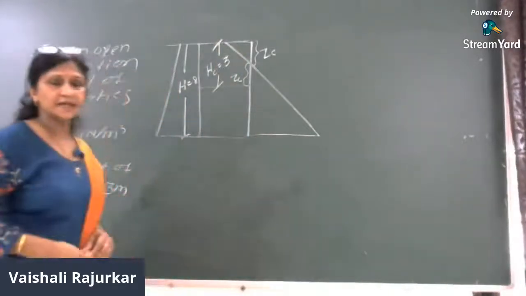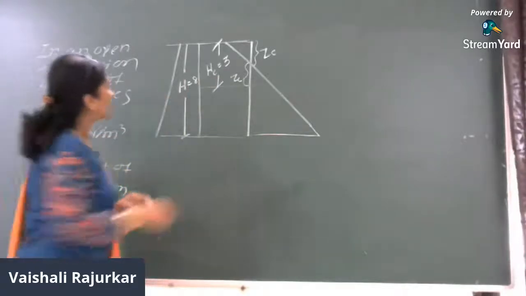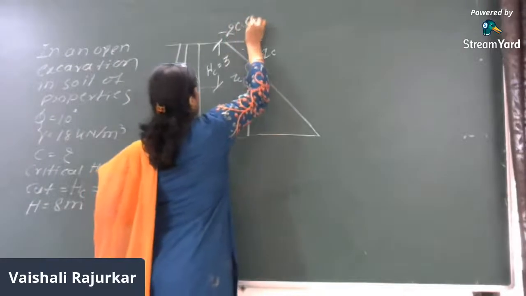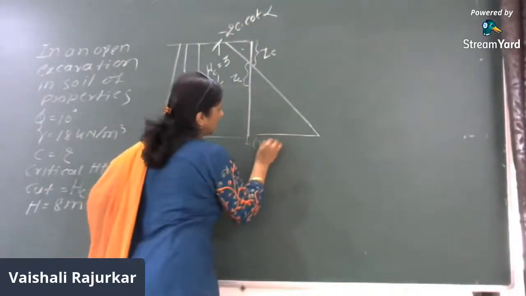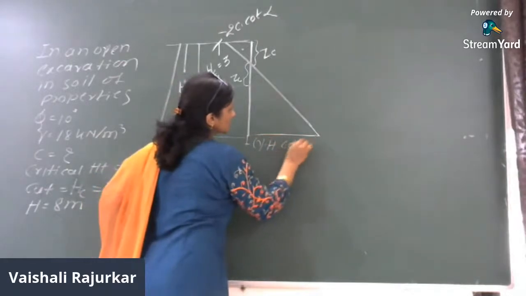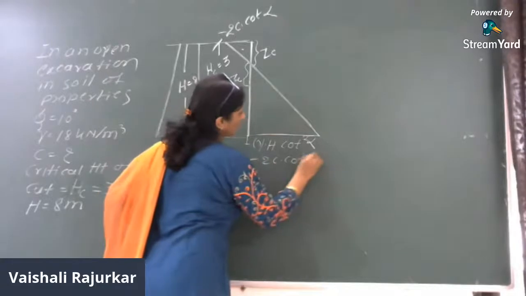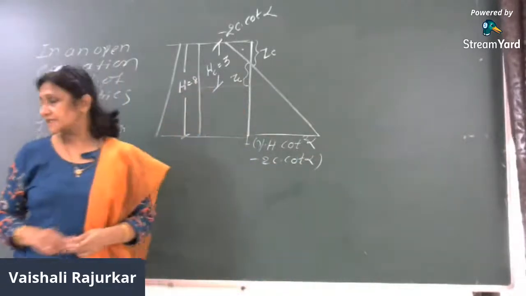HC is given as 3 meters. So no doubt ZC will be 1.5. And what is the bottom? At the top it will be minus 2C cot of alpha. At the bottom it will be gamma into H cot square alpha minus 2C cot of alpha. Right? So this is the data which is given.